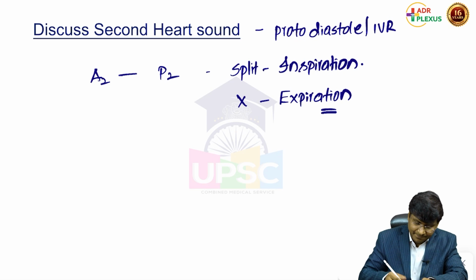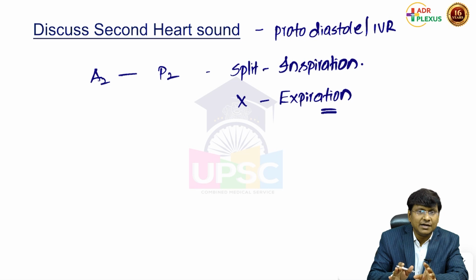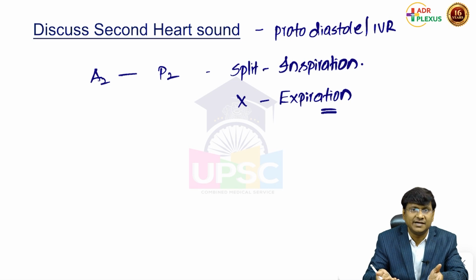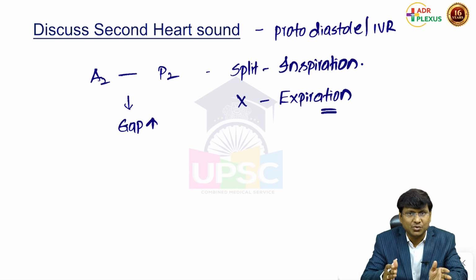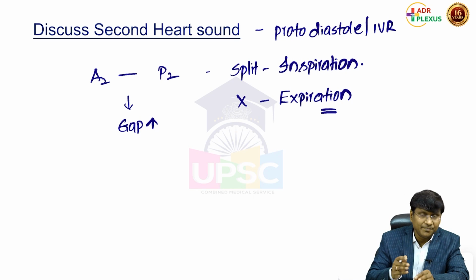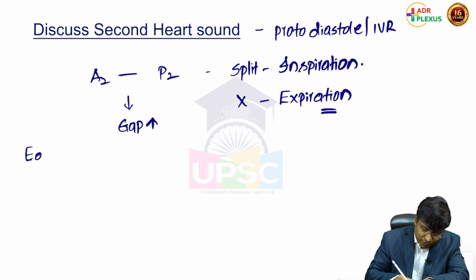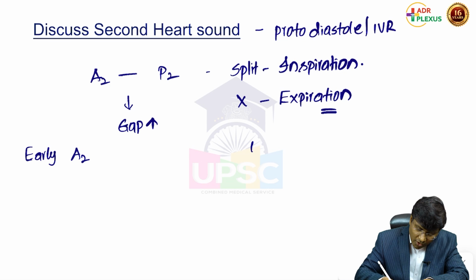All right, the next important point here is that the gap between A2 and P2 increases in certain conditions. What are the conditions where the gap between A2 and P2 increases? The gap increases due to early A2 or due to delayed P2.